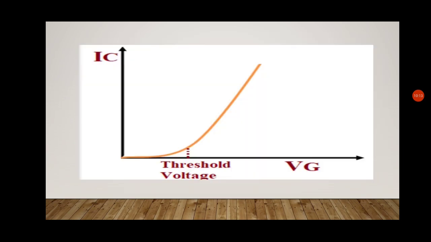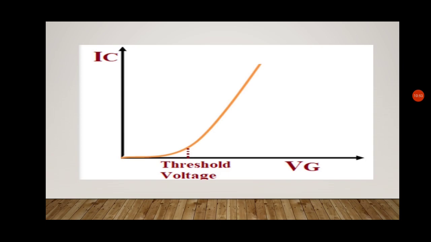Now this is the transfer characteristics of an IGBT. As it is a transfer characteristics, we have to plot the output current versus the input voltage VG. Now as we all know, as there is very less or zero VG, there will be very minimum flow of current, because the capacitive layer or the channel has not been formed yet.